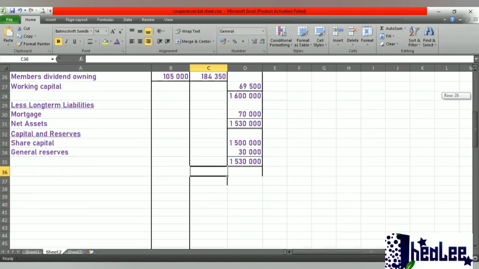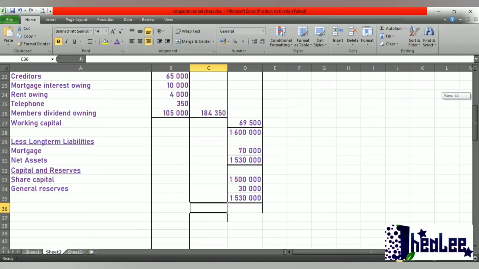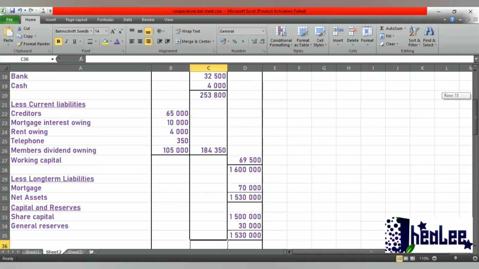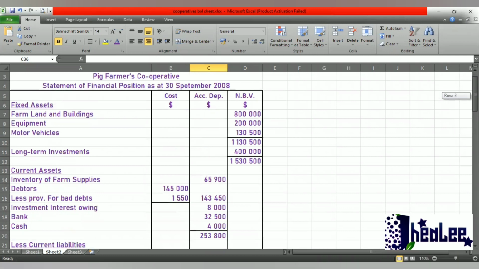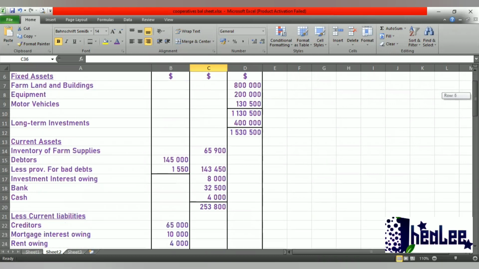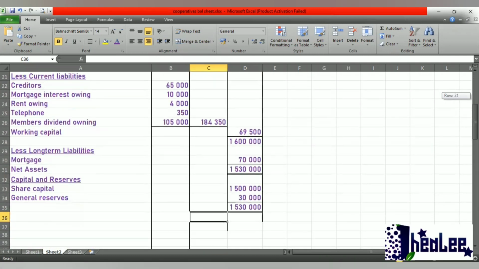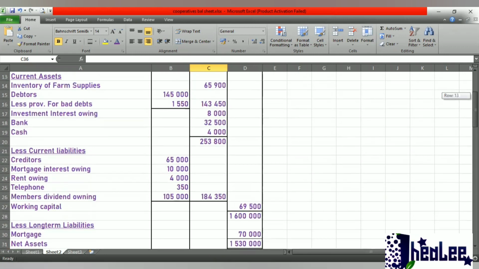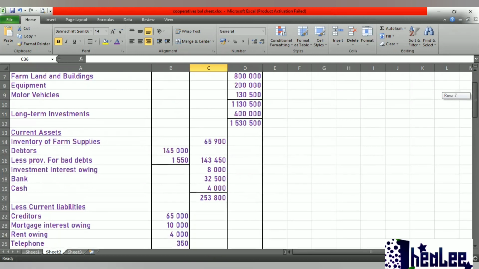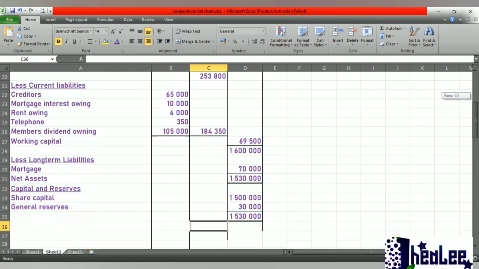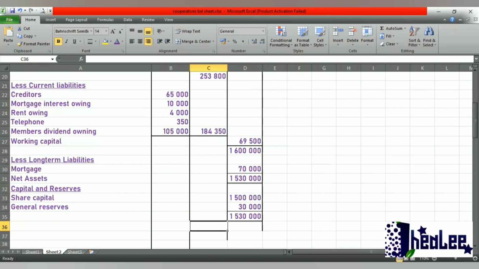That takes us to the end of preparing the balance sheet, which is a statement of financial position for Pig Farmers Cooperative. And remember that you are presenting your balance sheet in the format where your assets minus liabilities equal to your share capital and reserve in this situation, because you're preparing that of a cooperative.